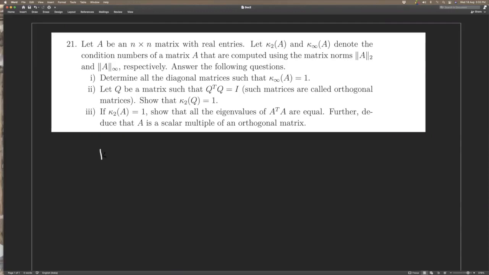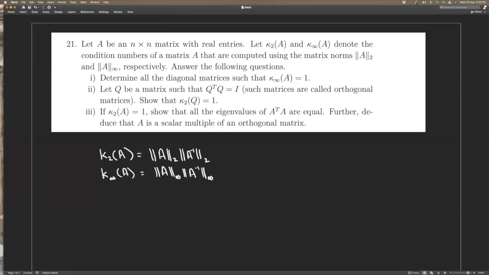So kappa 2 of A is computed using the subordinate norm corresponding to the Euclidean norm. And similarly, kappa infinity of A is norm A infinity times norm A inverse infinity.